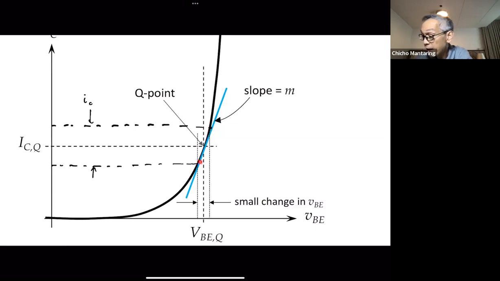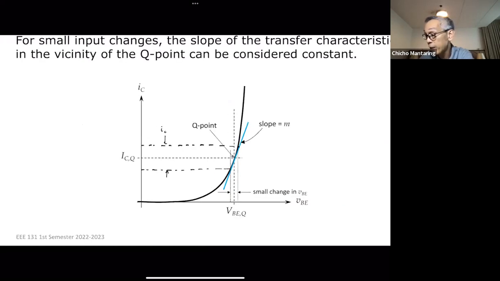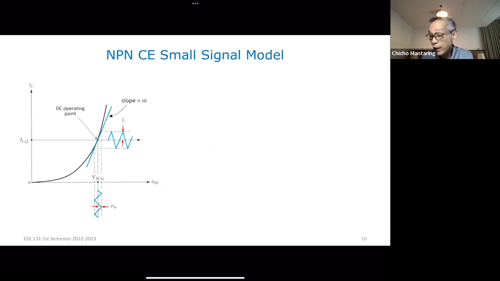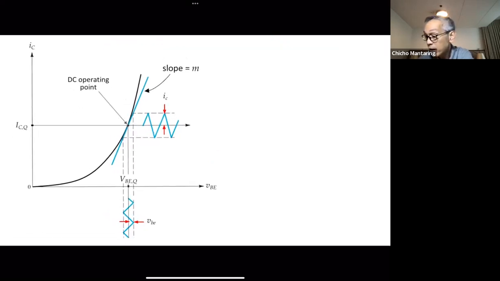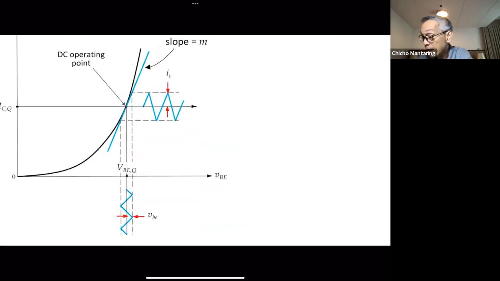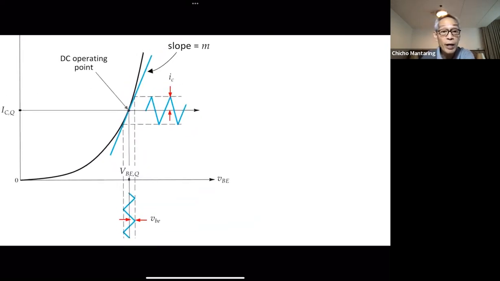And I am saying that we can use this blue curve to approximate that change. Okay, I show it again here. Notice that I now superimpose a time varying component on my Q point.